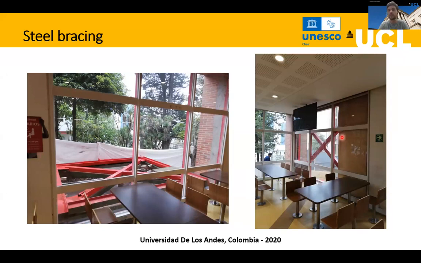You can see in here that from inside you can still see the bracing, but it will not affect in any case the ventilation that is over here and any of the windows and the illumination. And here there's a table that was just temporarily installed to protect this part, but this was taken down when the retrofitting finished. So you can see in here the process of installation. They just tilt it up and install it directly.